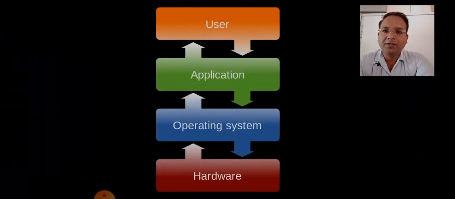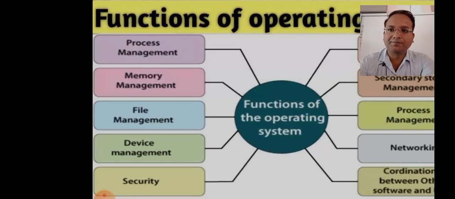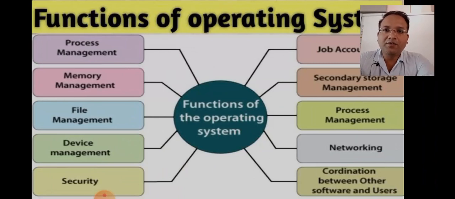So the operating system interacts between user and hardware. We are the user and we are interacting with the hardware with the help of an operating system. And the operating system manages all the software and hardware of the computer system. What are the functions of an operating system?